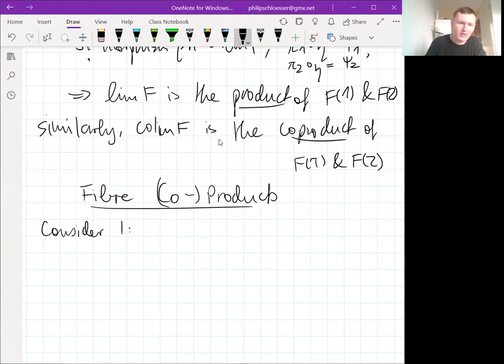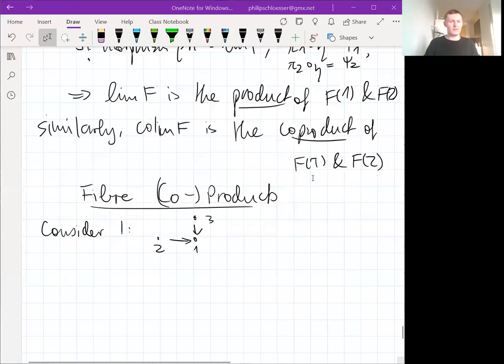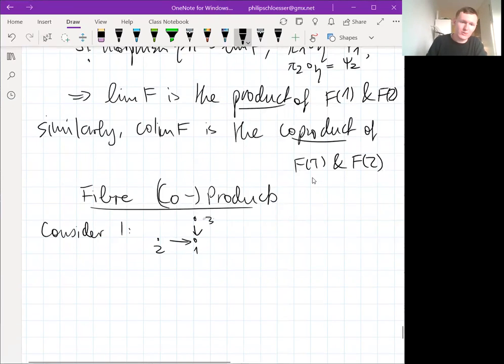We have as I the category an object called 2, an object called 1, and an object called 3, and a morphism from 2 to 1, and a morphism from 3 to 1.